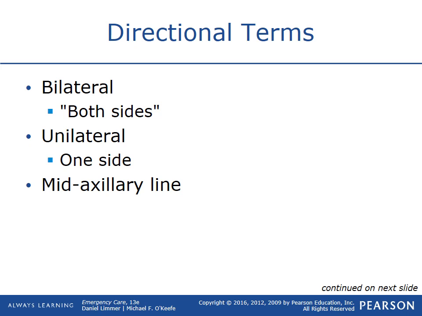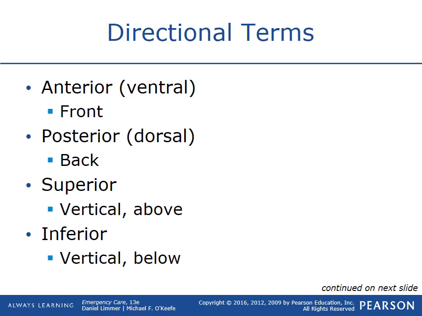So the mid-axillary line divides the body into front and back. The front portion of the body we call anterior. The back portion is posterior. So if you have an injury on the back side of the leg, it'd be posterior.